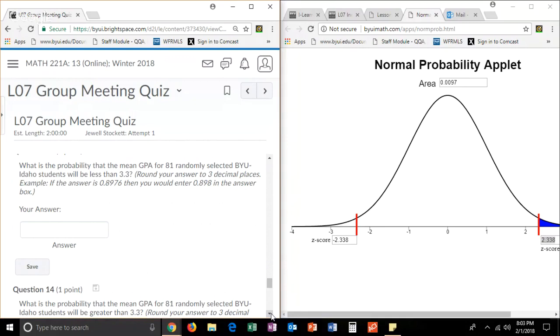All right, so for the z-score, I got negative 2.5717, but it's asking for less than that amount. So do I uncheck that?